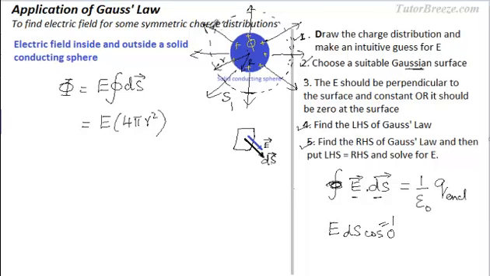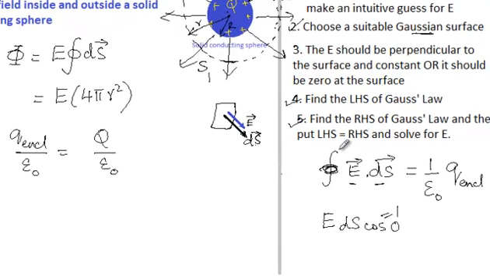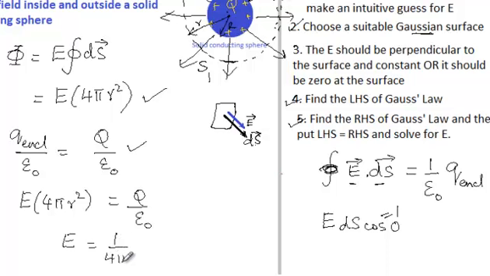You can see that the total charge enclosed by this Gaussian surface is all the charge Q. So the charge enclosed over epsilon naught is equal to the total charge Q by epsilon naught, and then equating the total flux with the charge enclosed over epsilon naught, we get E times 4 pi r square is equal to Q over epsilon naught. Hence E is equal to 1 by 4 pi epsilon naught Q over r square.